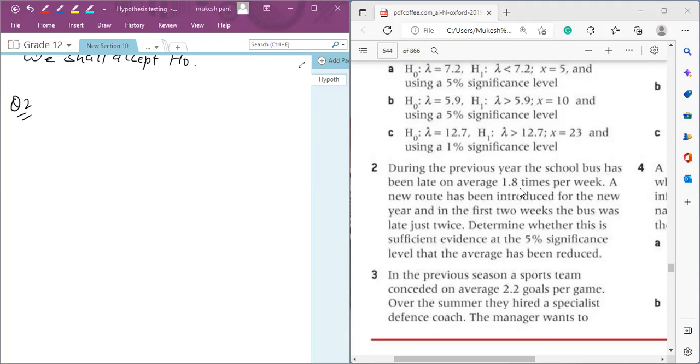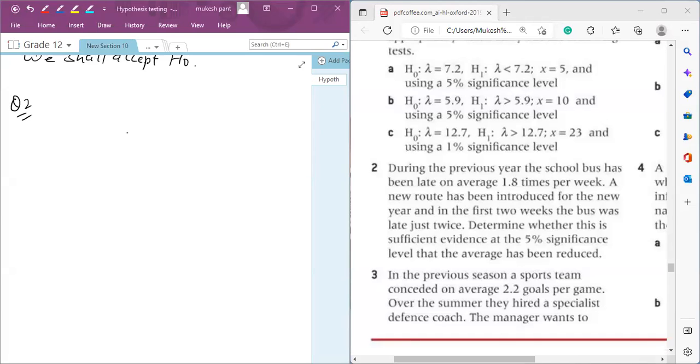The average is 1.8 per week, and we have to find it for 2 weeks, where the bus was late just twice. So now we will have a new Poisson distribution.